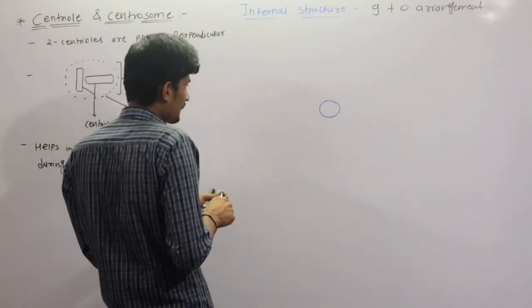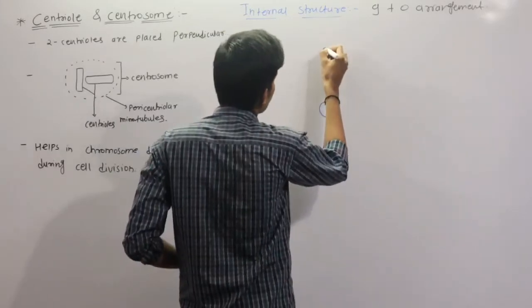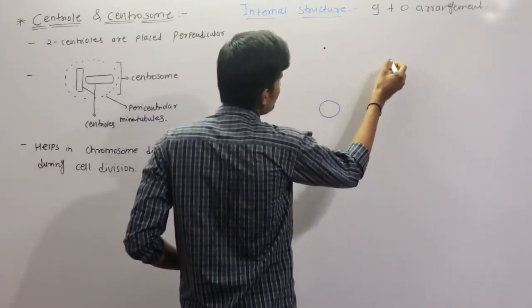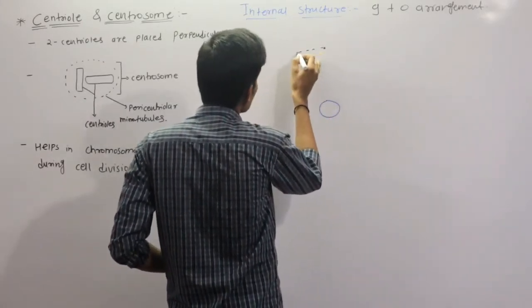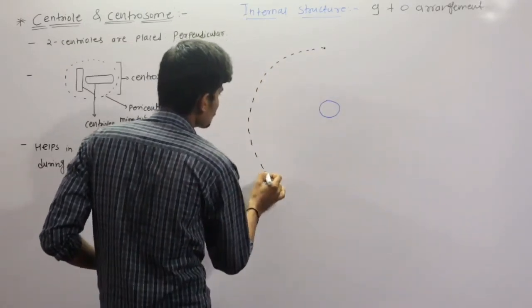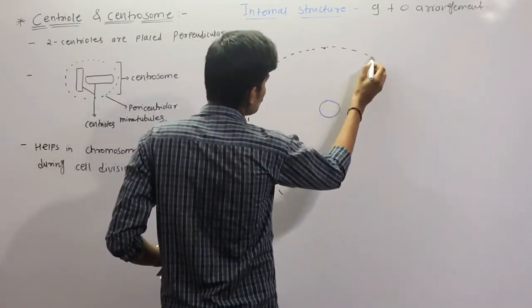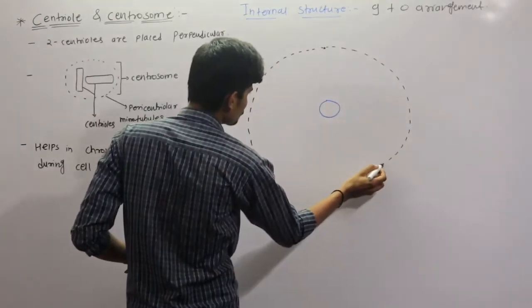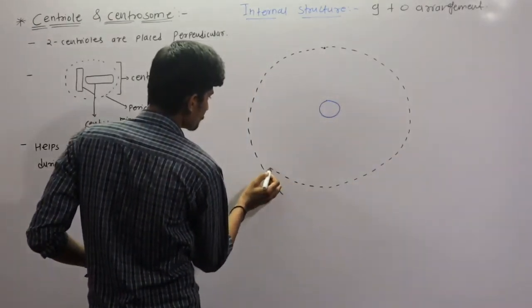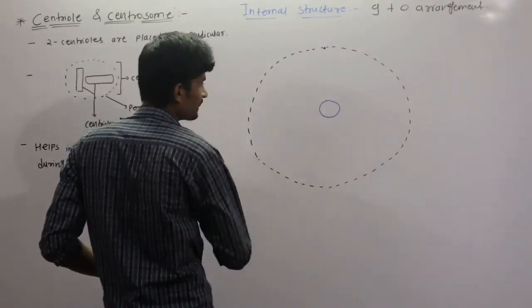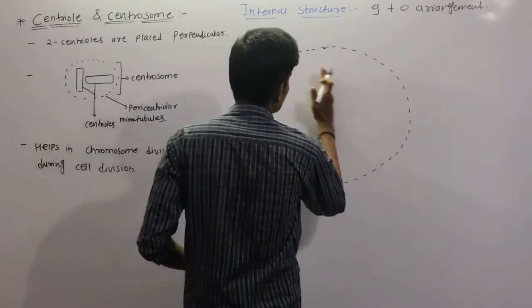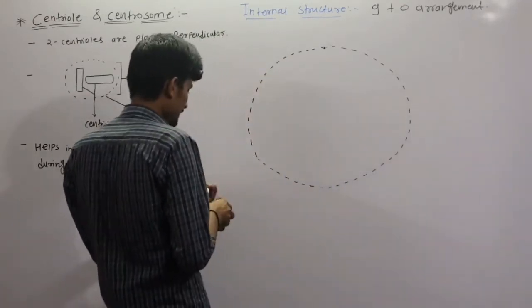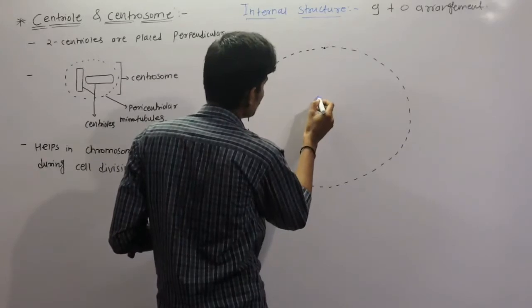Around that there are 9 parts, so we draw an imaginary circle to make the diagram. Make it so that the center portion is at the center.